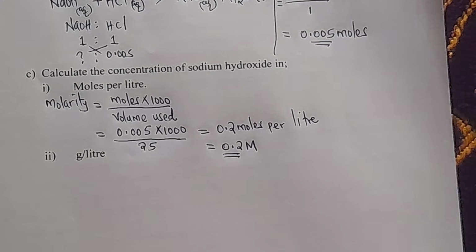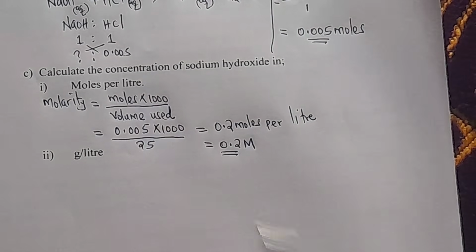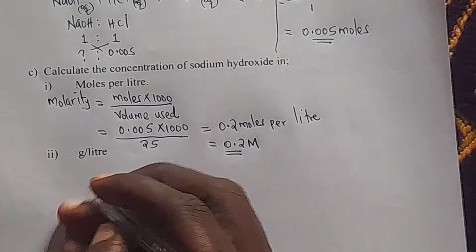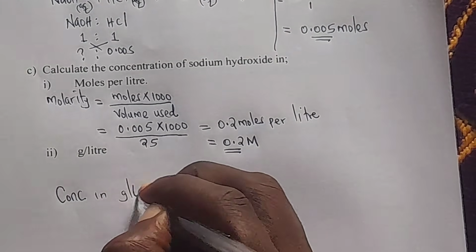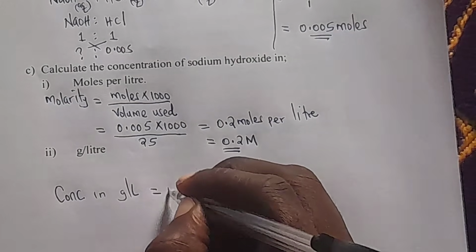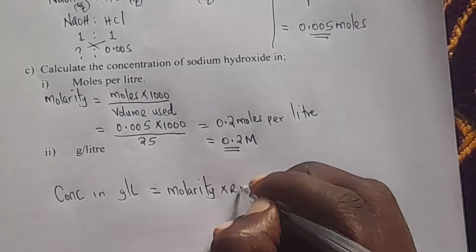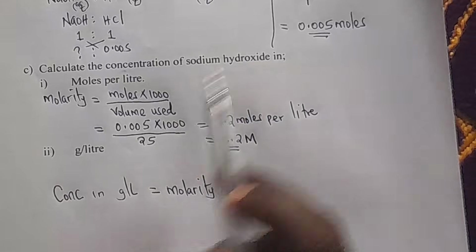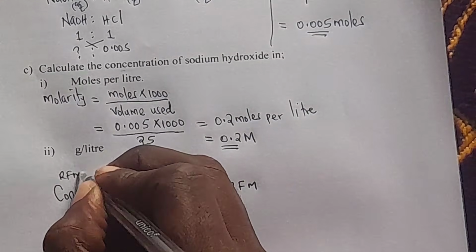Now part C2, we are told the concentration of sodium hydroxide in grams per liter. In the previous lesson, we had the formula for calculating concentration in grams per liter. We said this can be gotten by molarity times RFM. For sodium hydroxide, we have to get the RFM of sodium hydroxide.